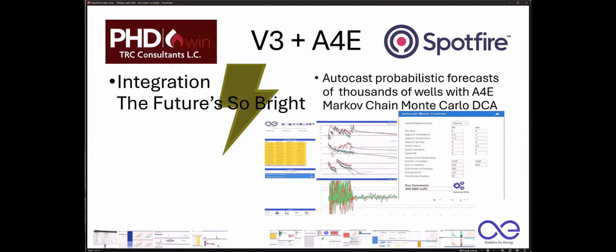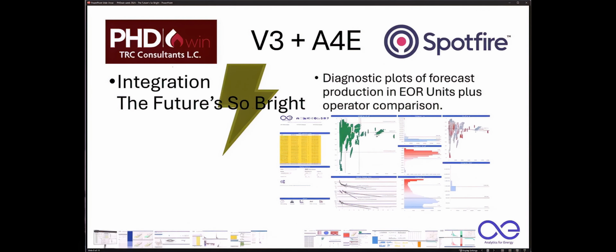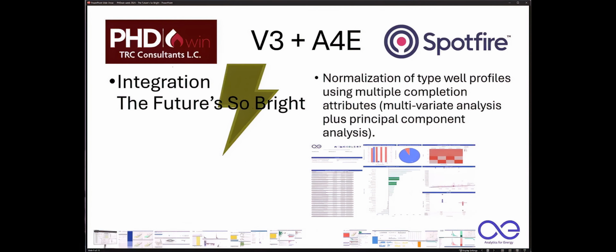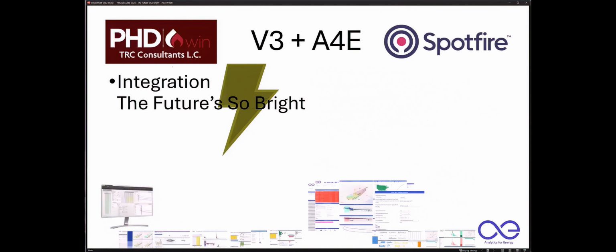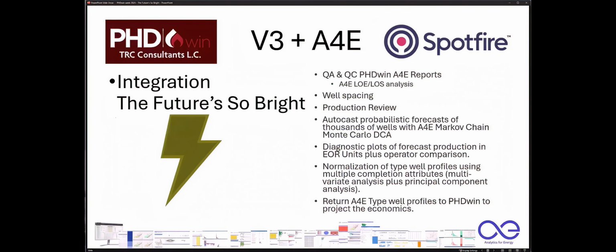Doing our probabilistic forecasts of thousands of wells with A4E, Markov chain Monte Carlo. Diagnostic plots of forecast production, plus operator comparison. Normalization of the well profiles using multiple completion attributes. And building and returning A4E type well profiles to PHDwin to project the economics. So over to you, Steve.